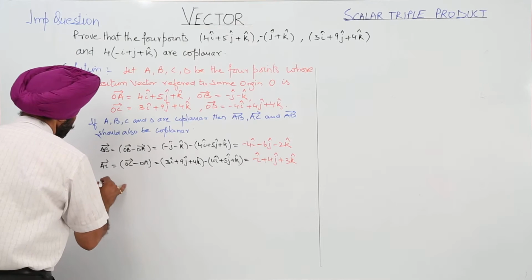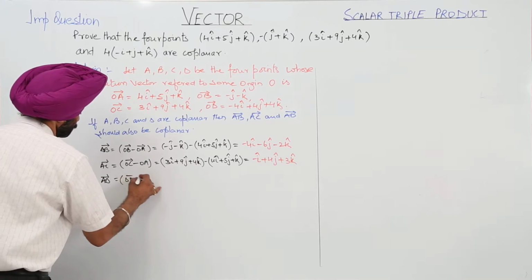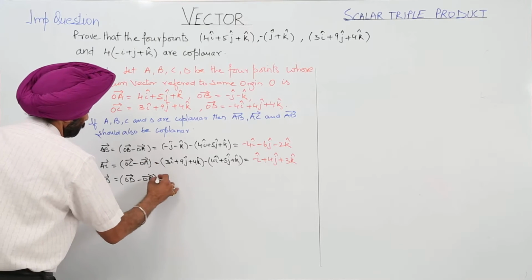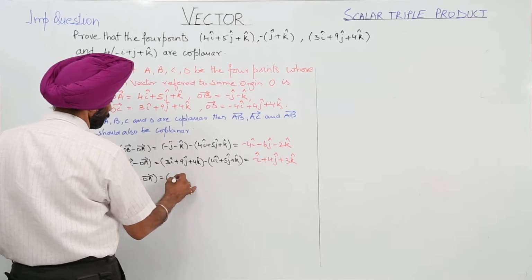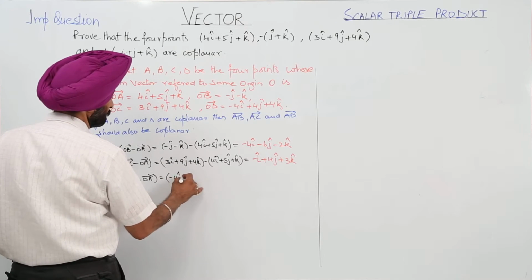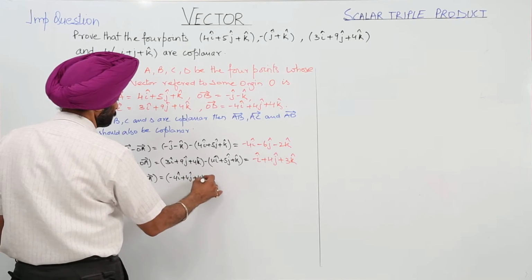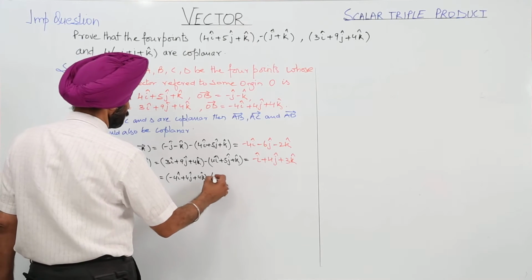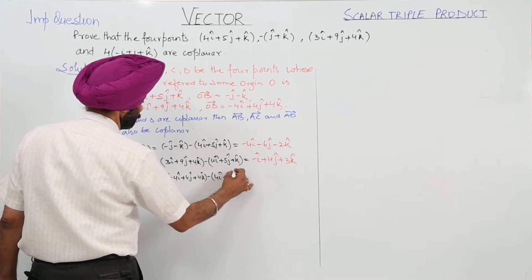And last is vector AD, position vector of D minus position vector of A. Now this is equal to position vector of D, minus 4 i cap plus 4 j cap plus 4 k cap, minus A, 4 i cap plus 5 j cap plus k cap.